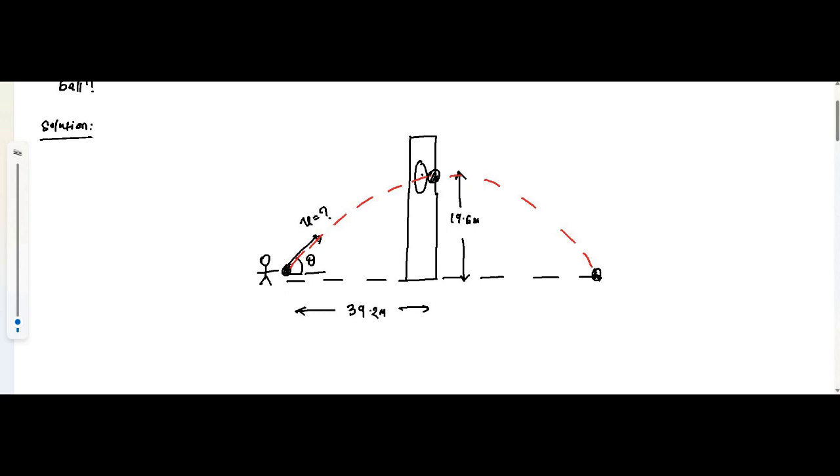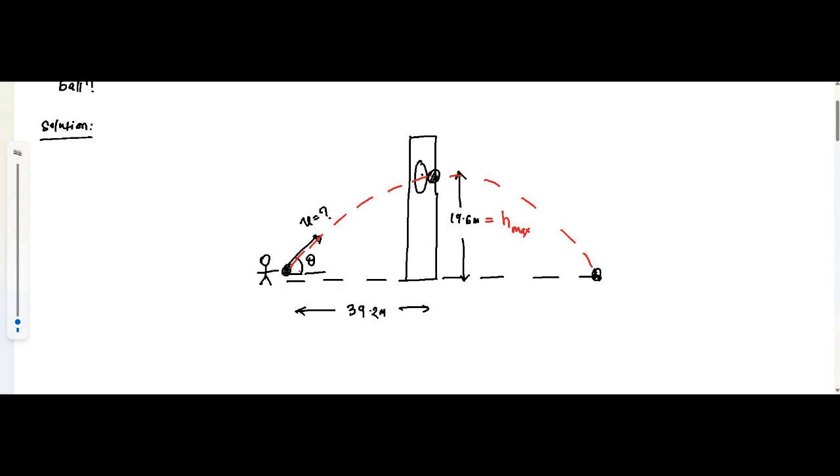So this 19.6 meters is nothing but H max, because it has been mentioned specifically that the ball just passed through the window. So it was at the maximum height when it did that.